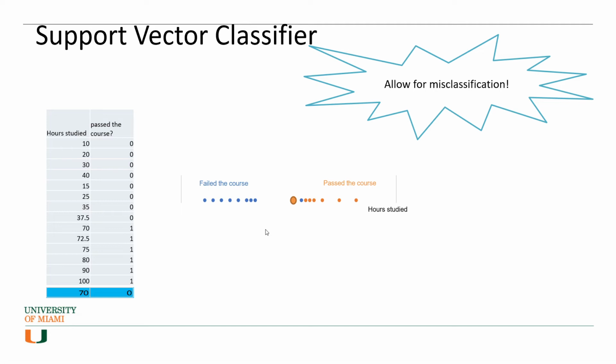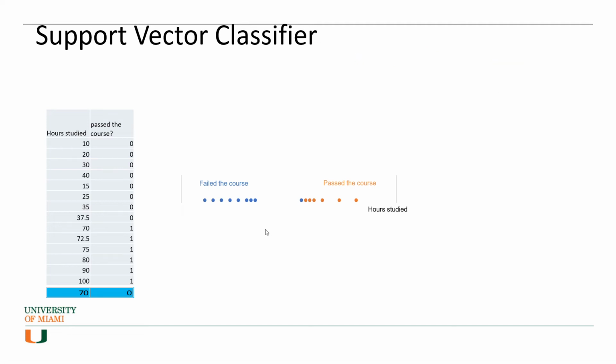So how can we solve that? Well, we can allow for misclassification. What does it mean? It means that we go ahead and find another classifier. In this case, it is called support vector classifier, and we are going to allow for some margin of error, meaning that we are going to choose this point as our classifier, despite the fact that we know in the training we are making a mistake, right?